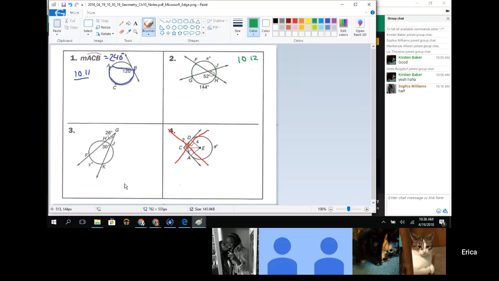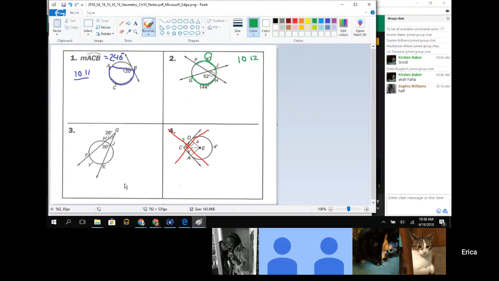Now, the interesting thing here is they didn't explicitly say, but we want to figure out what arc FJ is. We want to figure out what X is, which is arc FJ. We know what the opposite arc is. And if we look at theorem 10.12, there's some relationship between the angles made on the inside and the outside arcs.